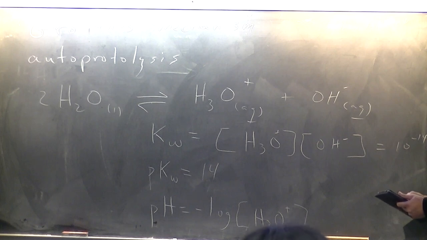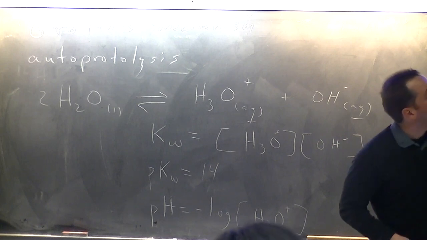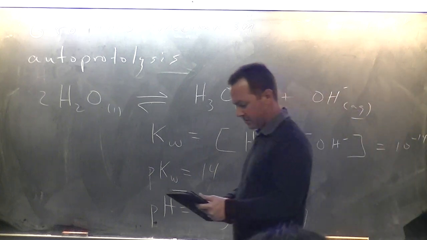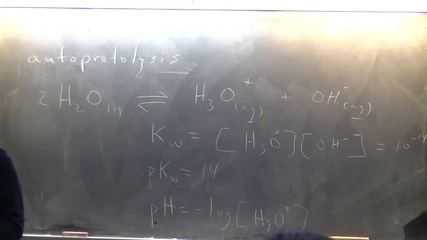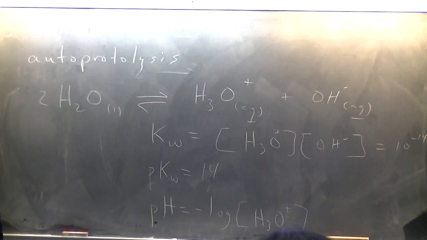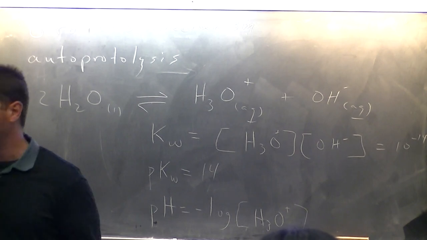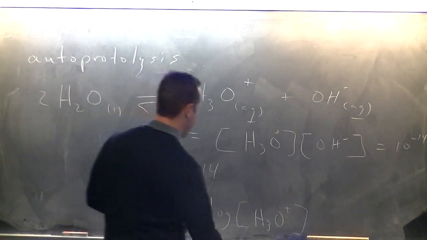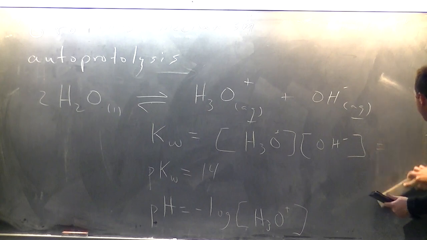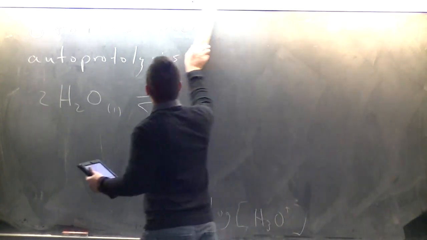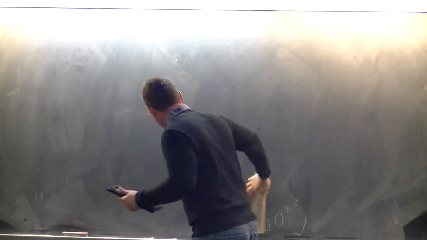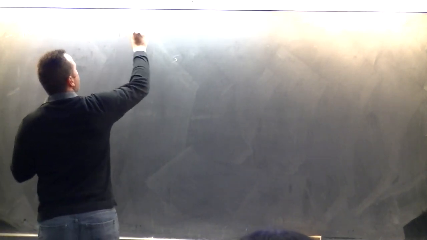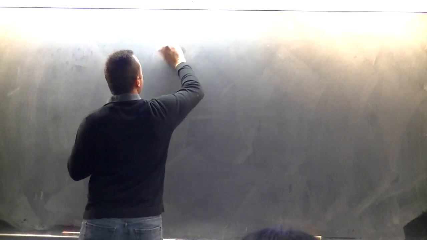So there are three different kinds of acids that I would like to discuss, and I will probably finish with that today. Three different kinds of acids. The first kind of acid is what we call the aqua acids.